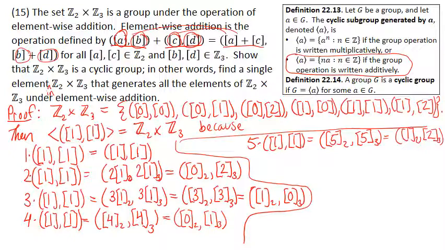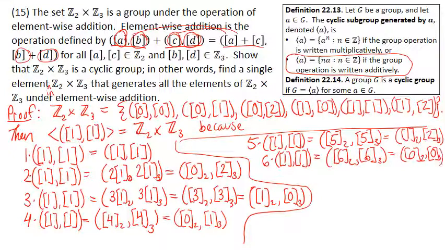Then we just need one more: 6 times 1, 1 is 6 in mod 2 and 6 in mod 3. Actually they're both 0, because 6 is a multiple of 2 and a multiple of 3.